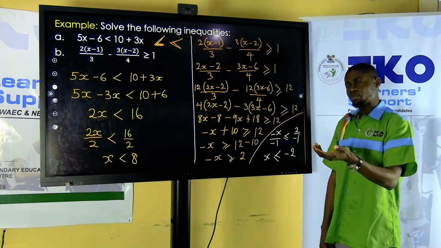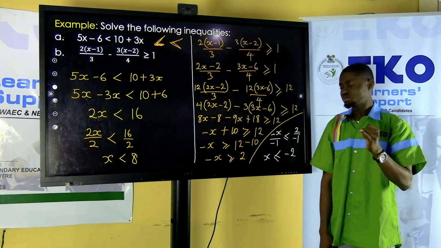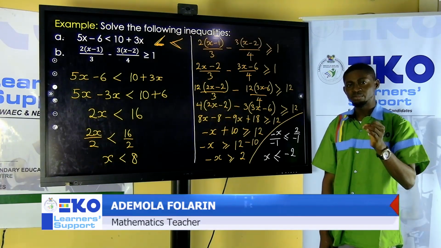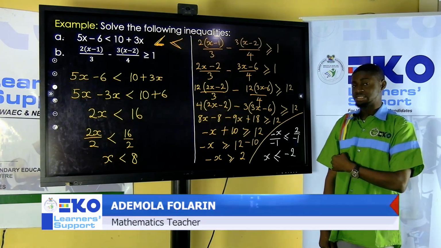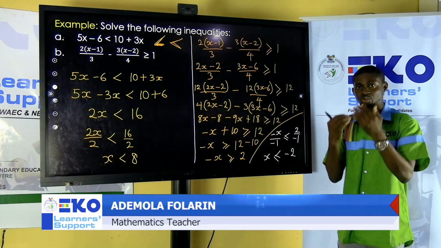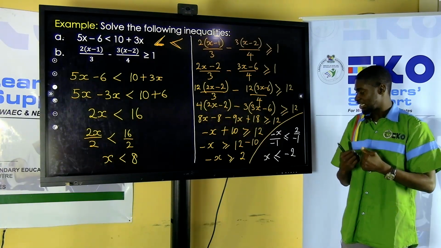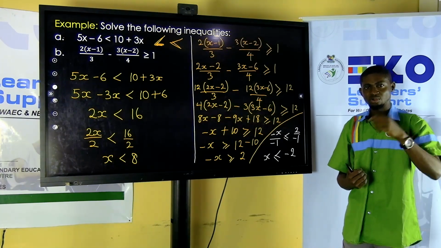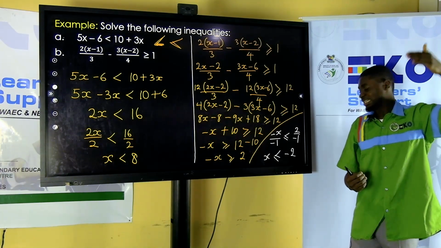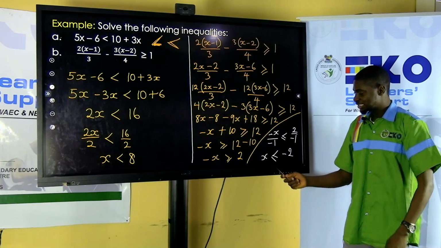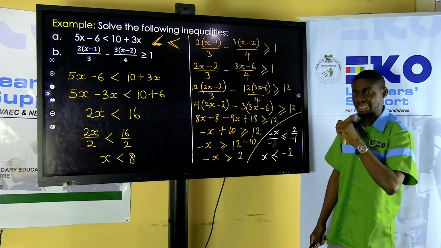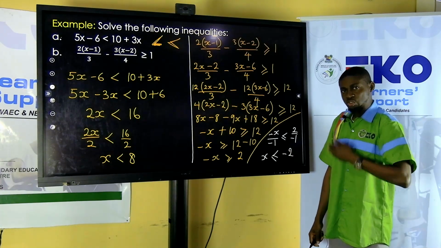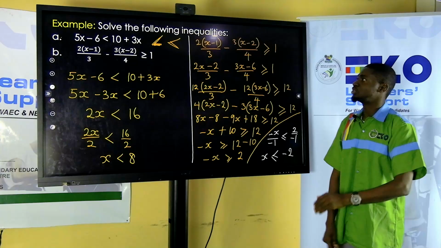So let's try to list the possible values: minus 2, minus 3, sorry, it's starting from minus 2, then minus 3, minus 4. Those ones are less than negative 2, because x are values that are less than or equals to negative 2. Take note of that.